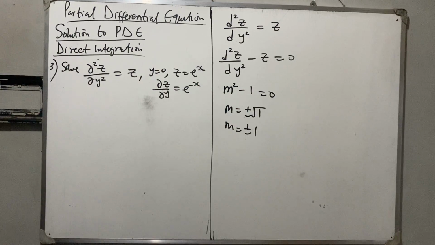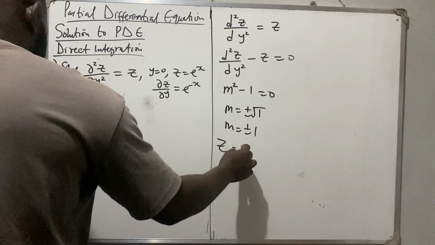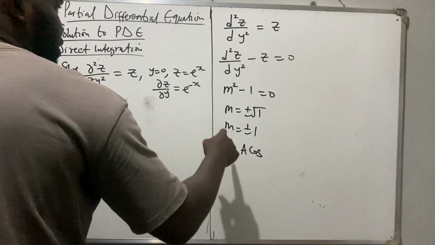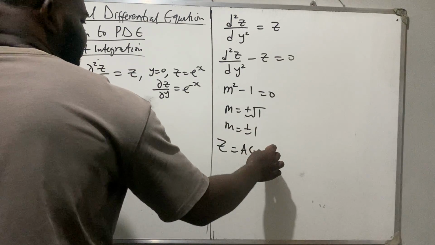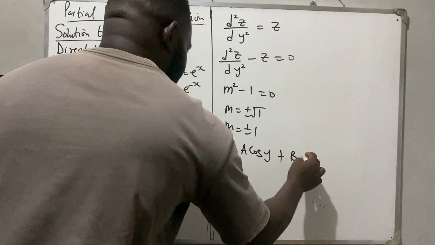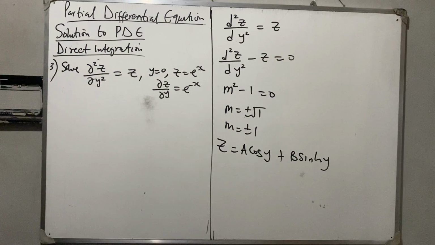So therefore, in this case, my z will now be equal to a cos y plus b sin y. Yeah, so that is how it will look, if I'm not mistaken.